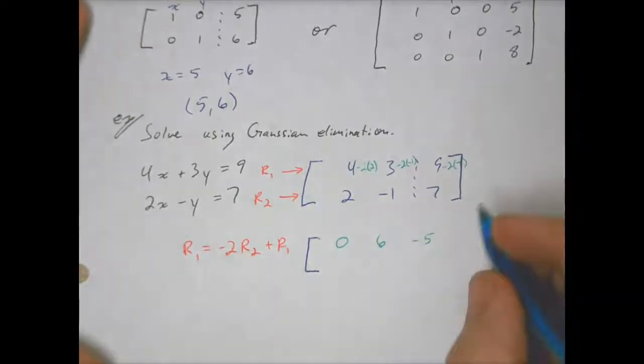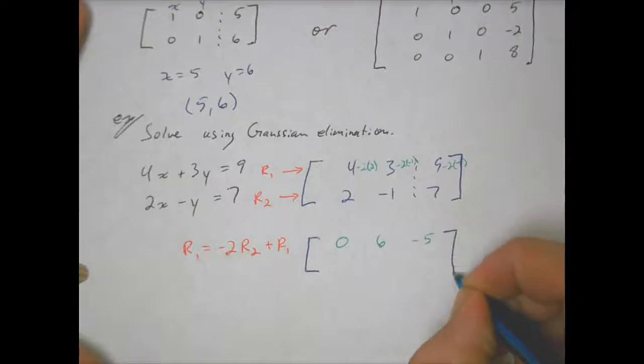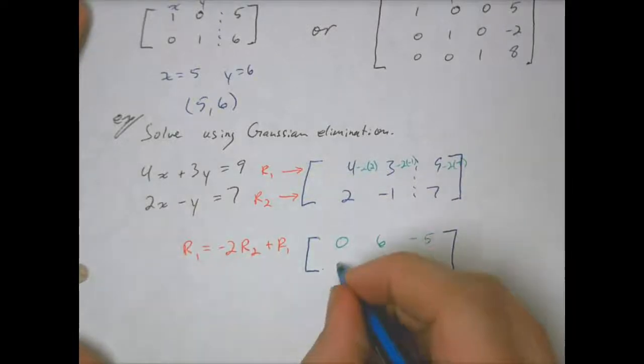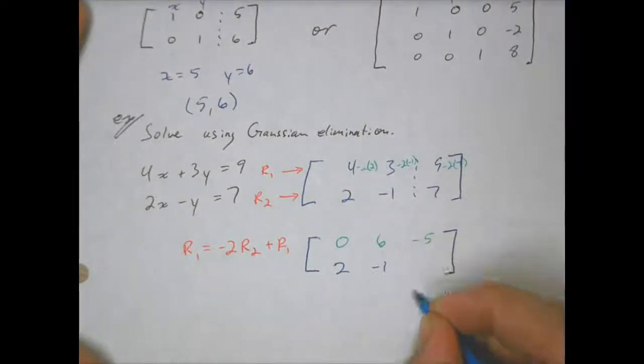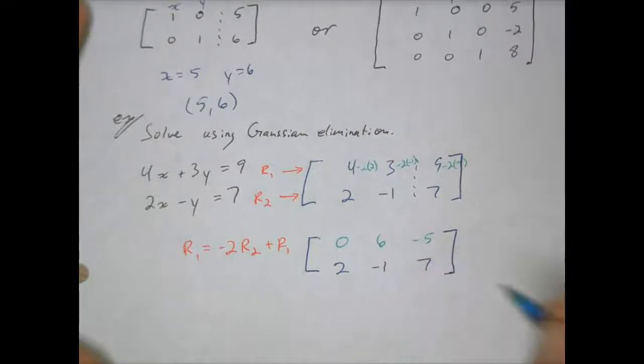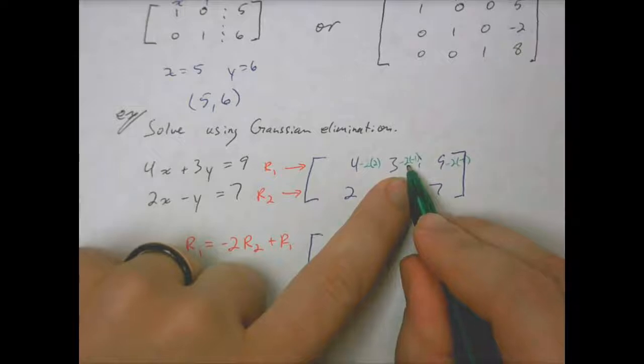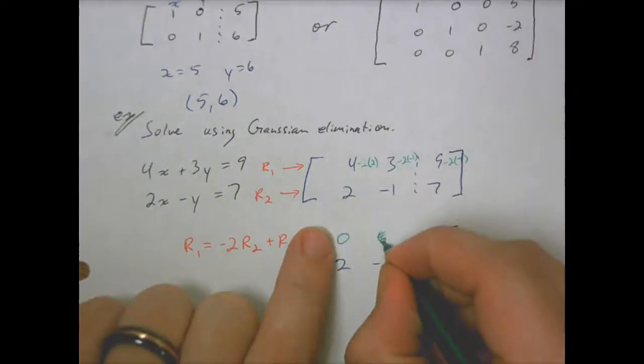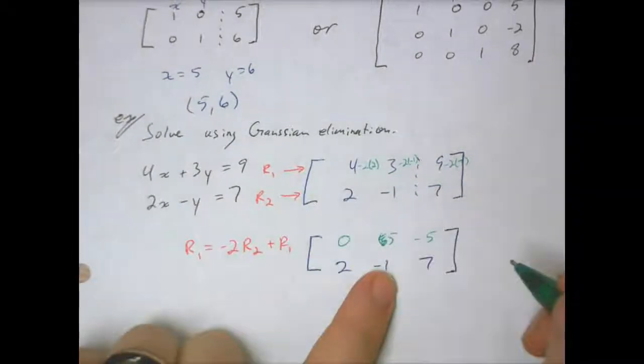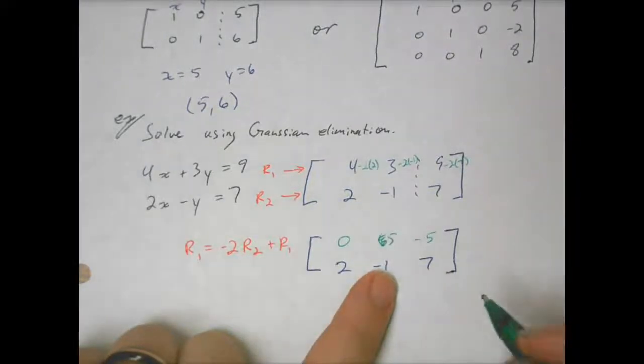Keep the rest of this the same, and I still have 2, -1, and 7. I made a mistake. Sorry. -2 times -1 is 2, plus 3 is 5. You were probably wondering. My bad. All right, so now this works out.